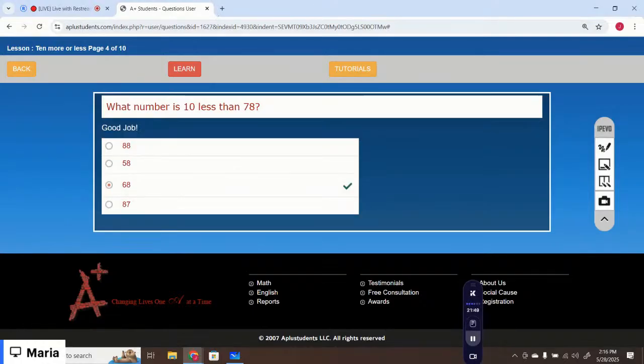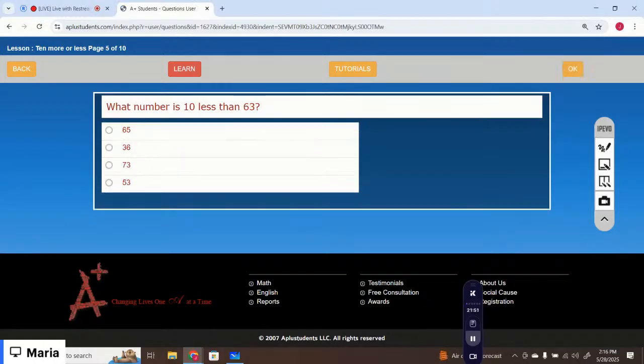Option C is the correct option. What number is 10 less than 63? So which is the correct option?